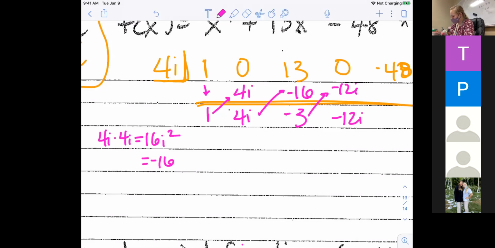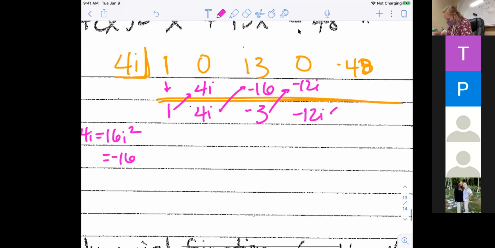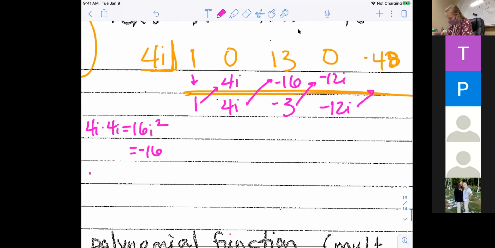And then multiply by 4i, and I get 4i times, you get what? Perfect. Thank you, Jared. Positive 48.